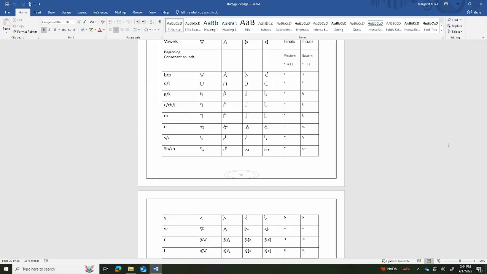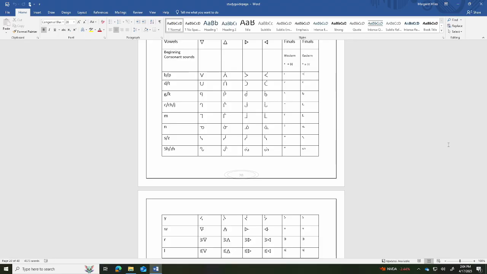And the finals are on the right. So again, on the top, the vowels A, E, O, A. And the H, the final H, H sound.